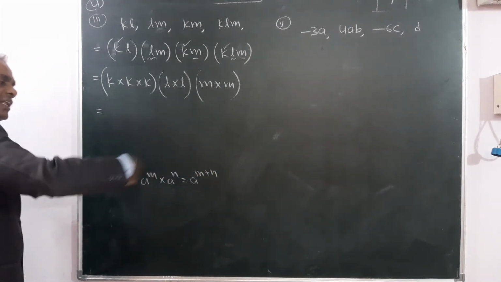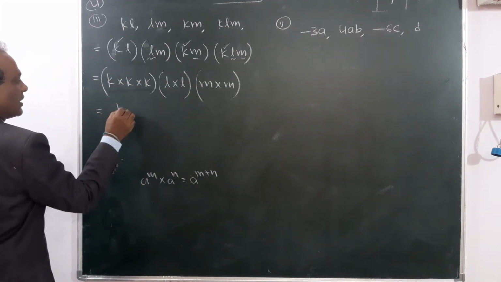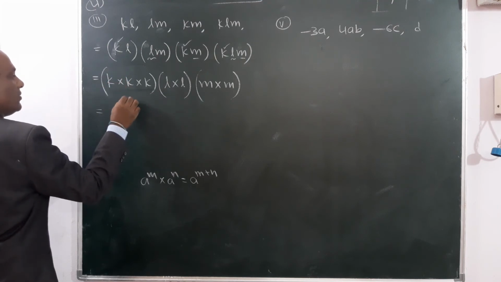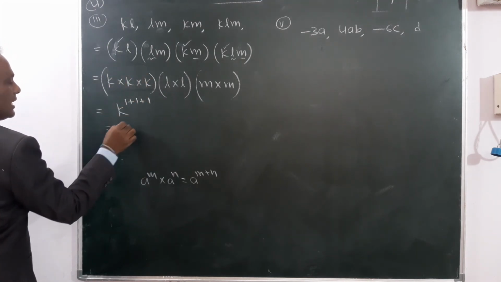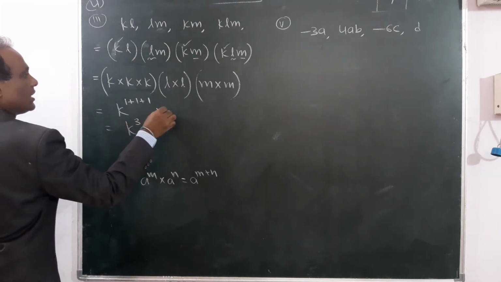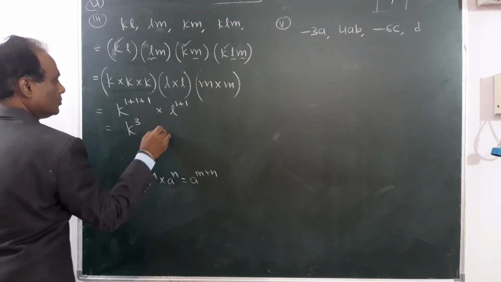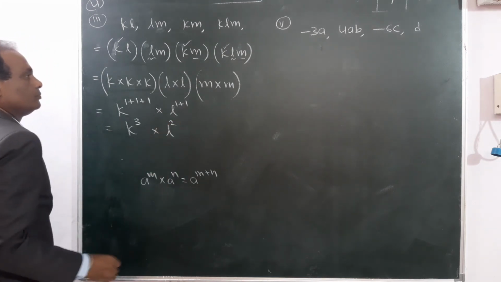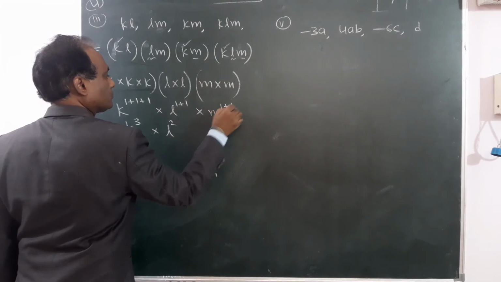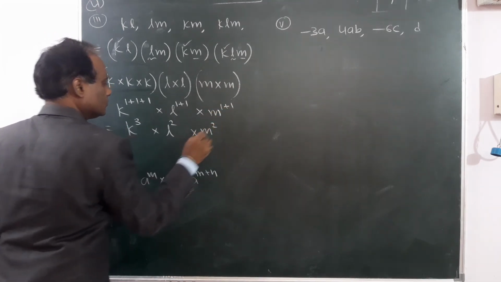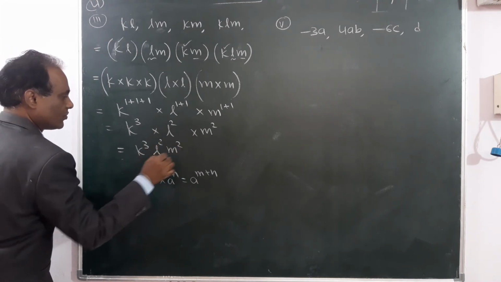Applicable, extended for any number of factors. So base K, same bases, powers are added: 1 plus 1 plus 1, total 3. Next, L power 1 plus 1, 2. Same, M power 1 plus 1, 2. So answer is K cube L square M square.